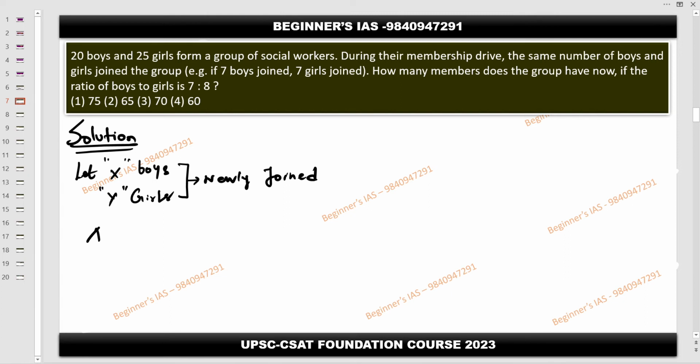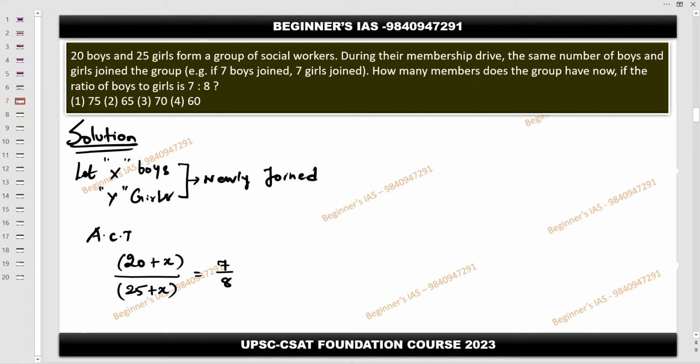So now according to the question, 20 boys are there already. So X boys are joining now. The ratio is given here. Boys to girls is 7 by 8. Here the girls are 25 initially. This much joining. Then the ratio will become this one.